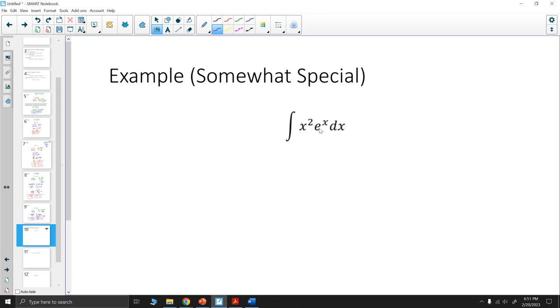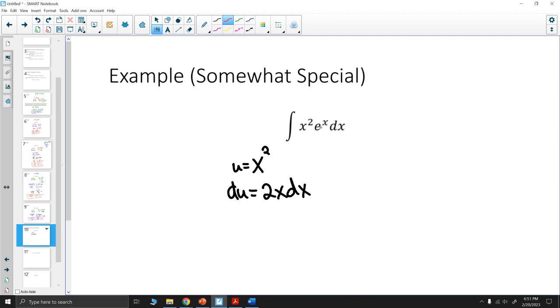So again, e to the x is never going to simplify as we differentiate it, so it's clearly not our u. We're going to choose x squared. So u equals x squared. That means that du is going to be 2x dx.